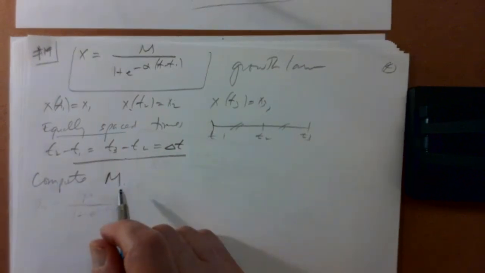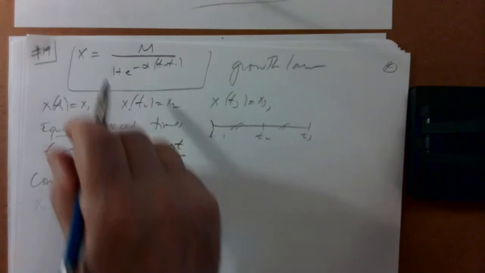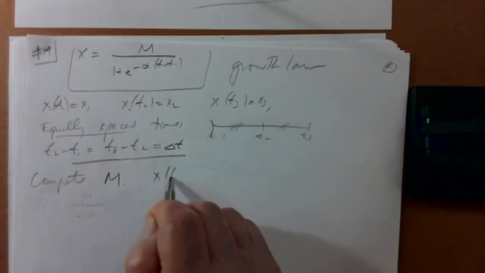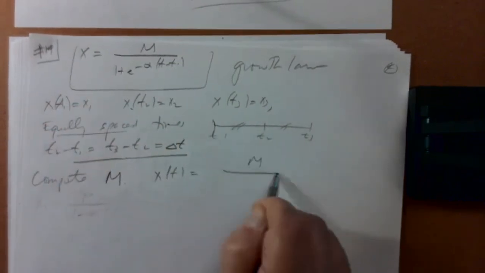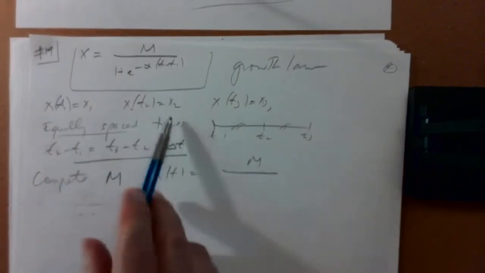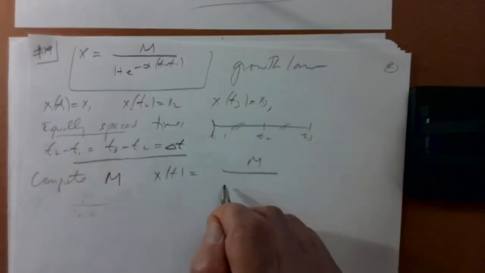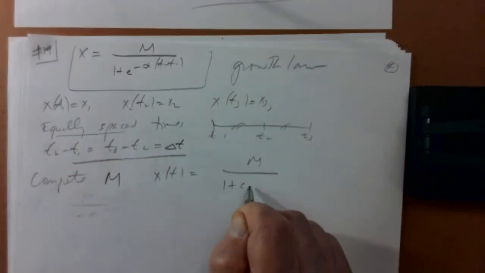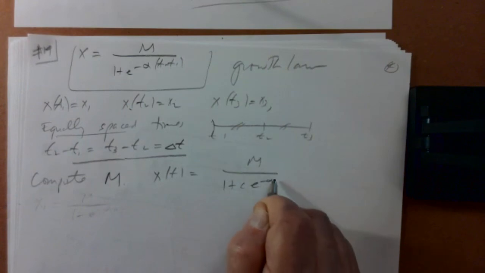So I'm going to take, so this is my law. X of t is m over, I don't want to use T1 because I'm going to use T1, T2, T3 here. So this is really 1 plus some constant times e to the minus alpha t.